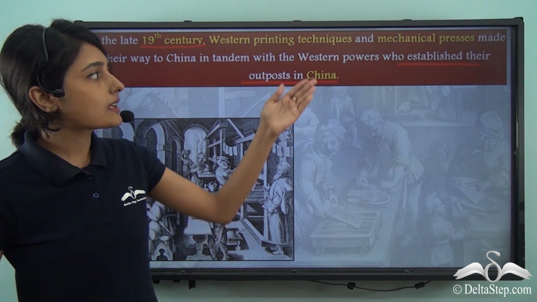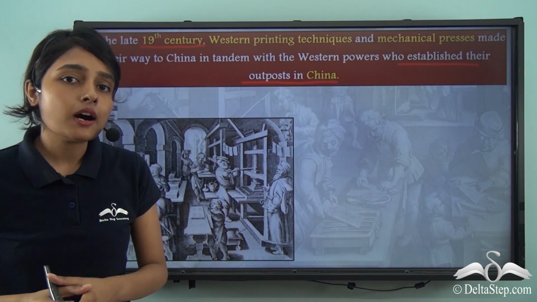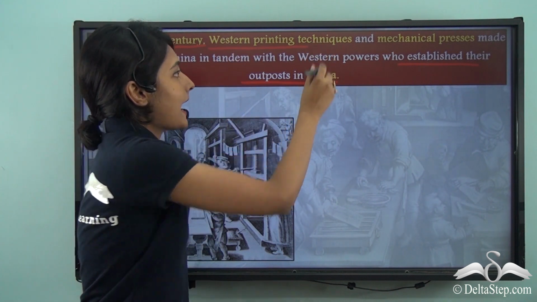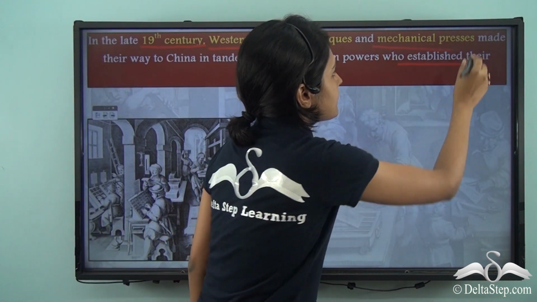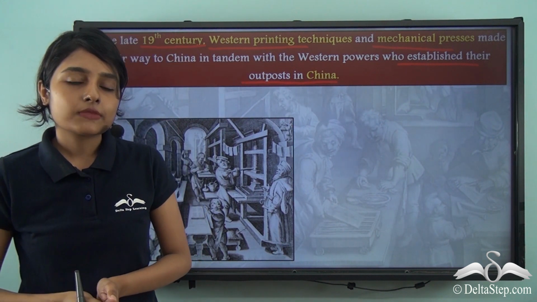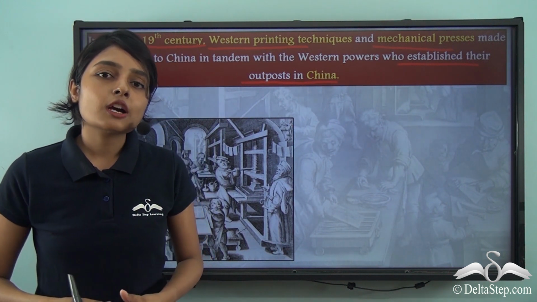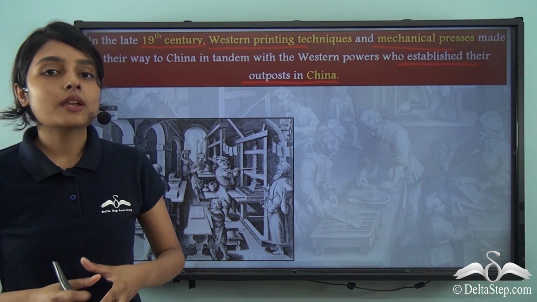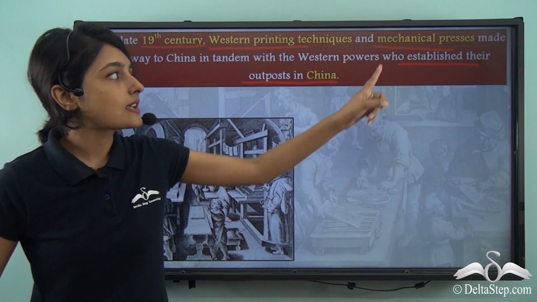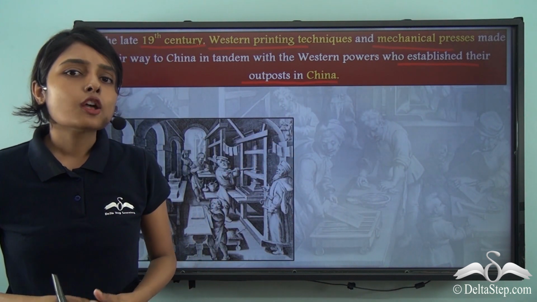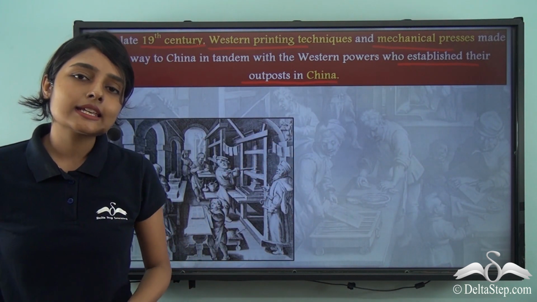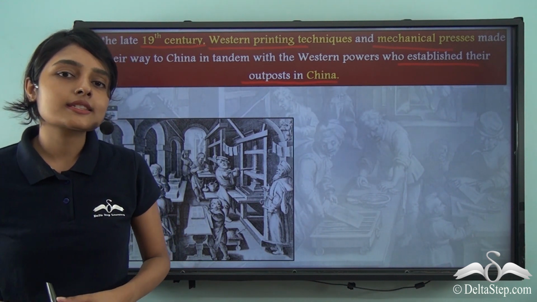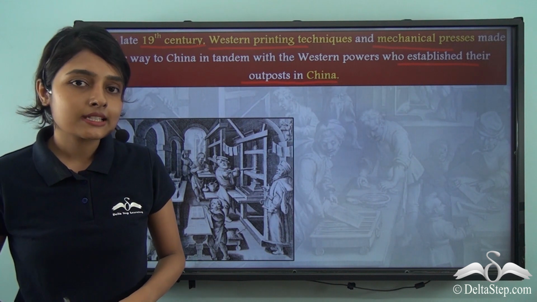As a result of the establishment of the Western powers' outposts in China, Western printing techniques and mechanical presses now made their way to China. So the ancient woodblock printing technique was now slowly being supplanted by these Western printing techniques as well as the mechanical presses. Now what these Western printing techniques and mechanical presses were will be something that we will be focusing on in one of our subsequent lessons.